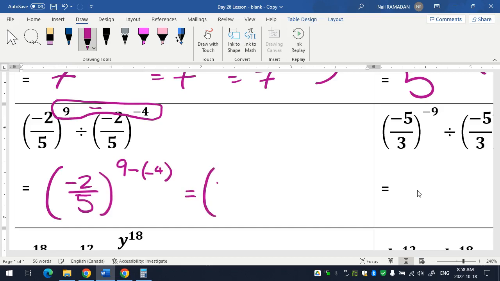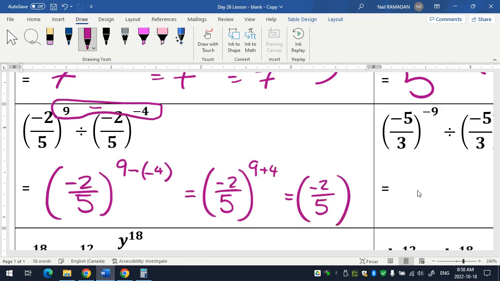Okay, which is negative 2 over 5. Okay, what happens to that 13? Or what does that 13 do?